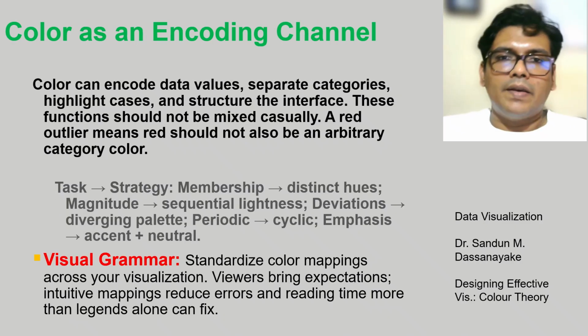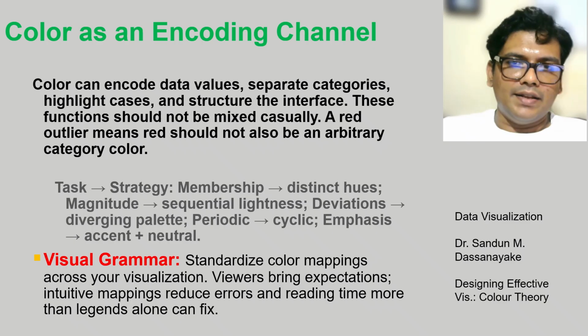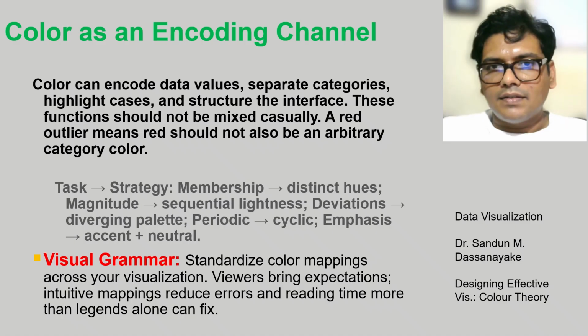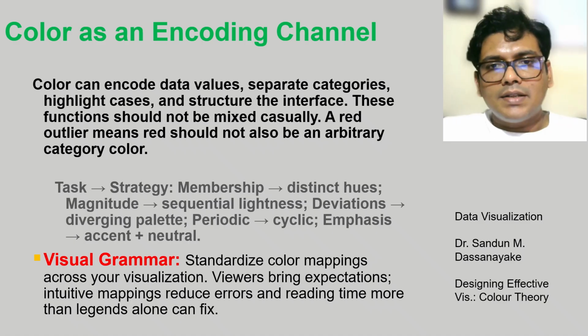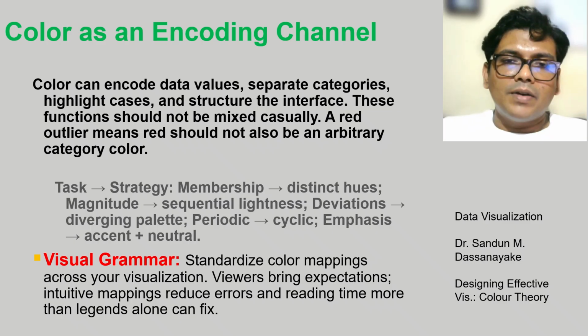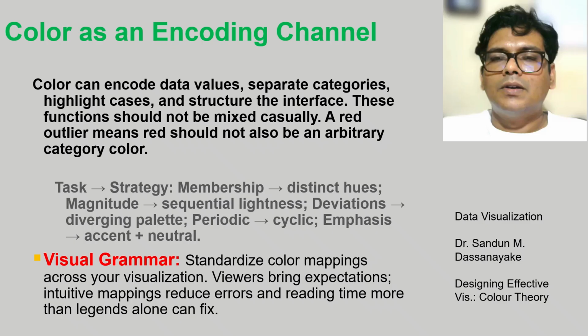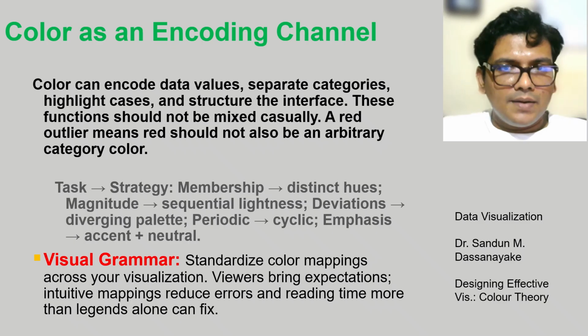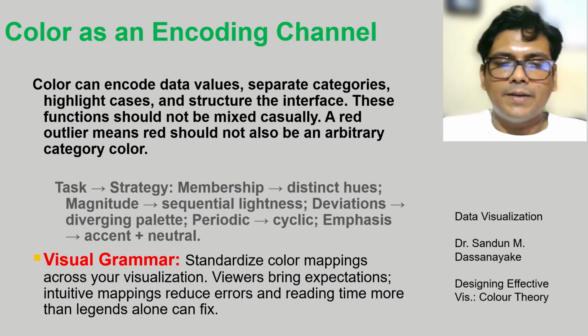Color can do several jobs in a single chart at once: showing data values, separating groups, highlighting outliers, organizing the layout, etc. That's fine. But the discipline is keeping those roles from bleeding into each other. Here's a simple example. If red means outlier in your chart, it can't also show up as a random category color elsewhere in the same figure.